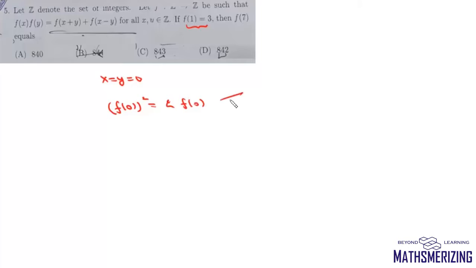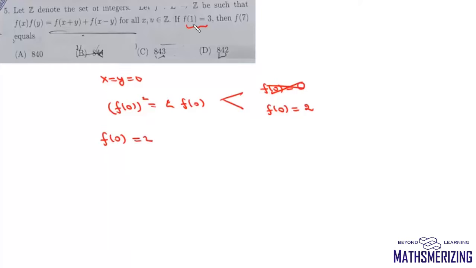So from here we get two possibilities, either f(0) is 0 or f(0) is 2. Now if f(0) is 0, then this function will be a constant function whose value is throughout 0. But we are given that f(1) equals 3, so we have to discard this case.